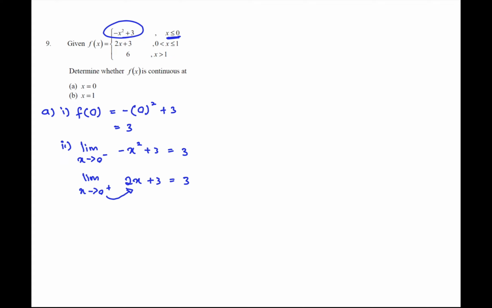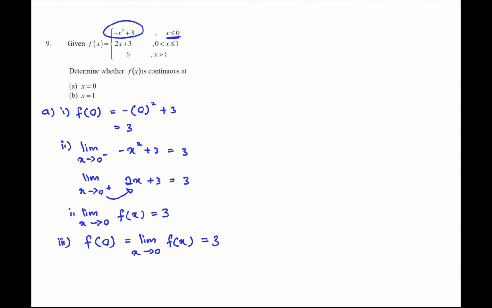Since from left equals from right, we can conclude the limit as x approaches 0 for f(x) equals 3. And then rule number 3, you should mention that f(0) equals the limit as x approaches 0 for f(x), which is equal to 3.